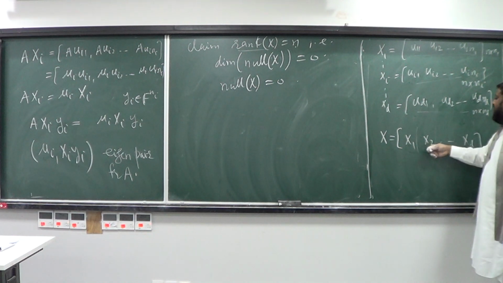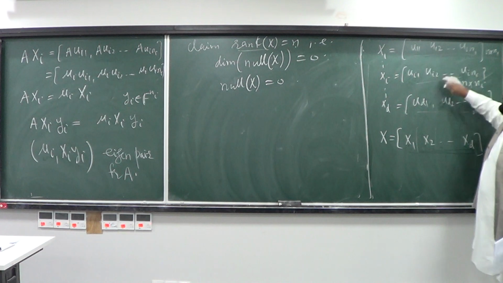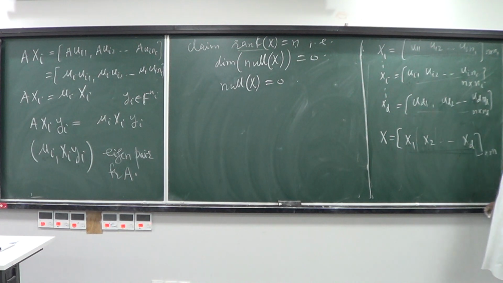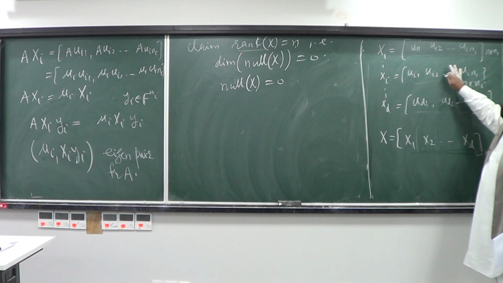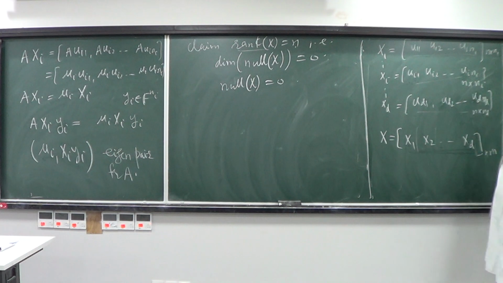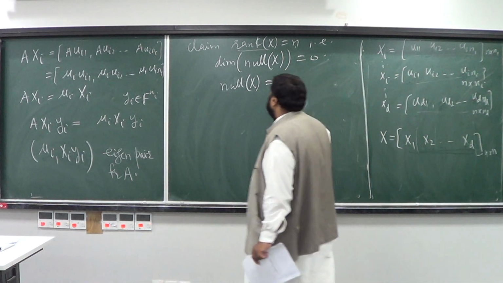In other words, all these components of the matrix X are linearly independent, and hence all these vectors are linearly independent of each other. So once you have this, these are the n vectors which are linearly independent, so they form a basis for Fn. Okay? So they form a basis for Fn. So this is what we would like to show.